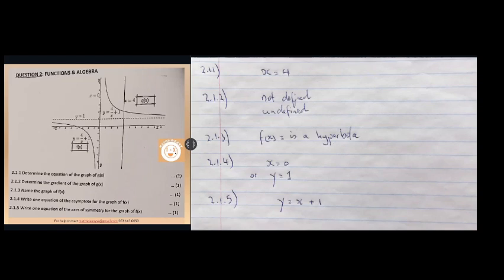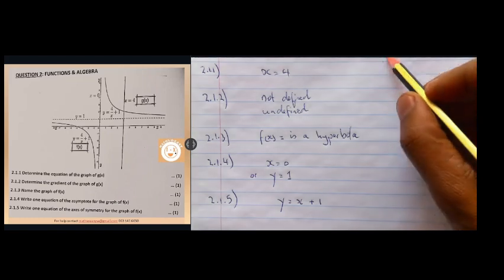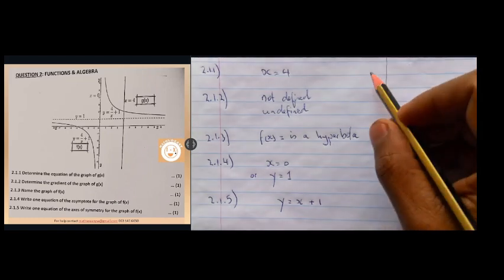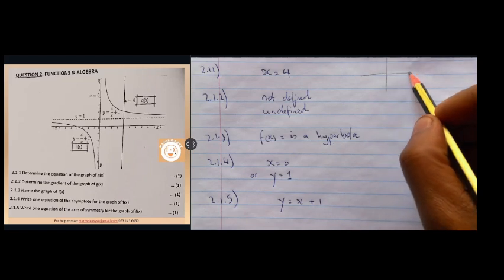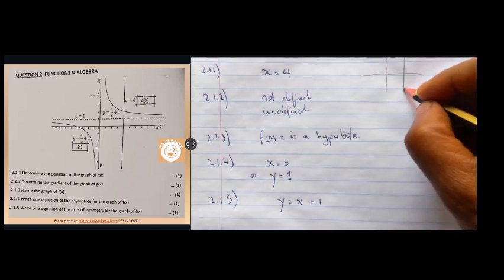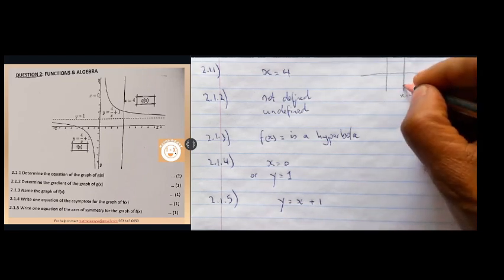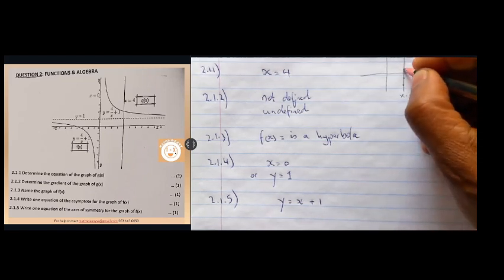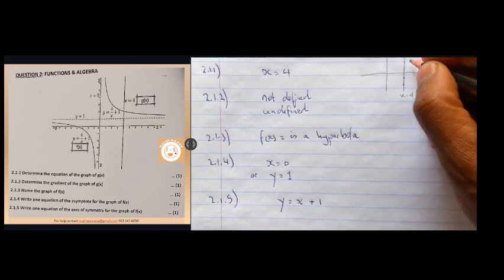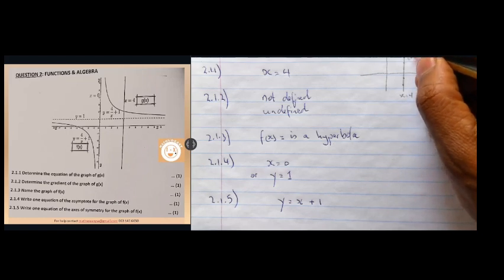So, in the first one, they say determine the equation of the graph of g of x. So, g of x is a line. If I have a line there on a graph, and this line has x equals 4, it means anywhere there, my coordinates will always have a 4.